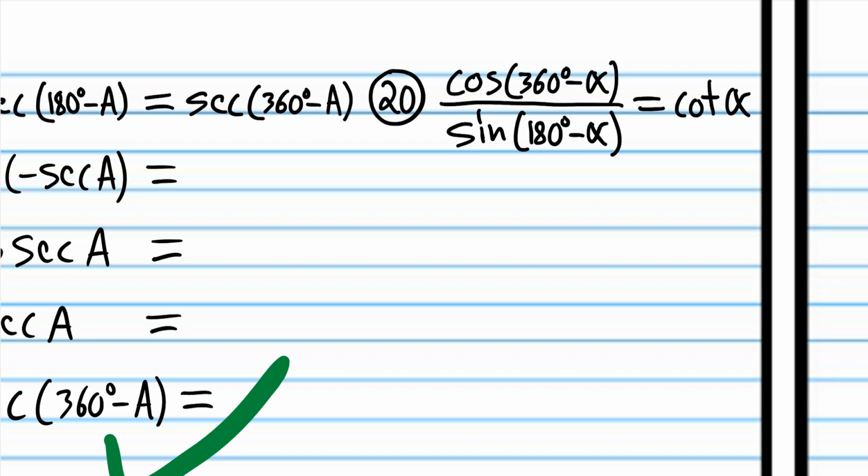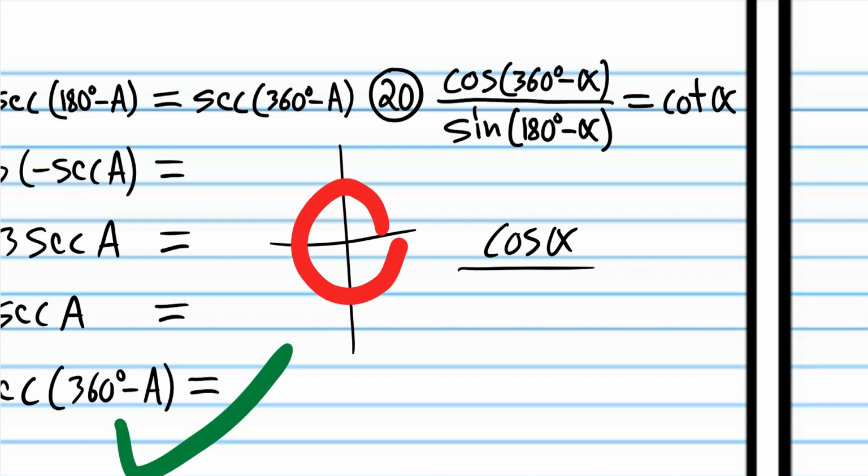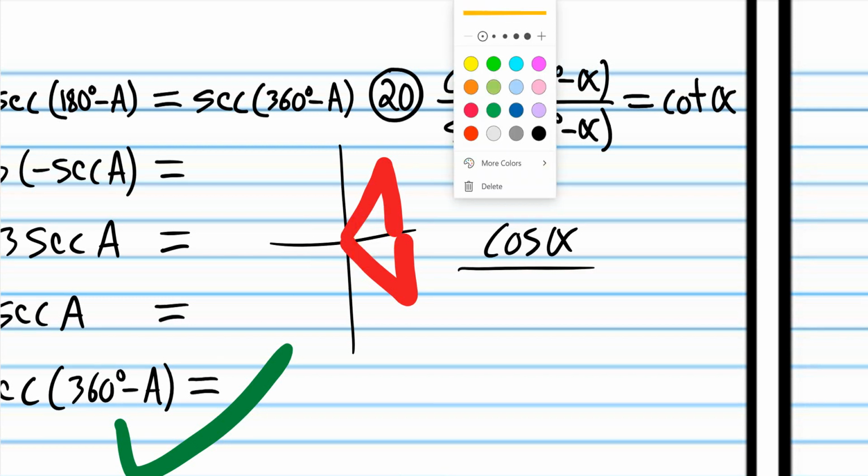Cosine of 360 minus alpha. That's just going to be cosine alpha. Again, you rotate all the way around 360 degrees first, and then you go backwards. So you get a triangle here, but how does that compare to the triangle in the first quadrant? Well, both these sides are positive.